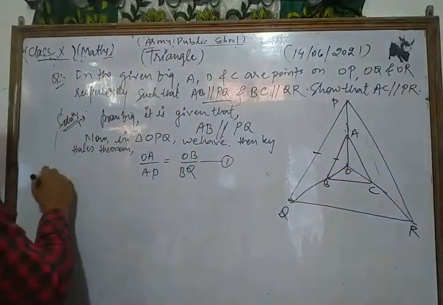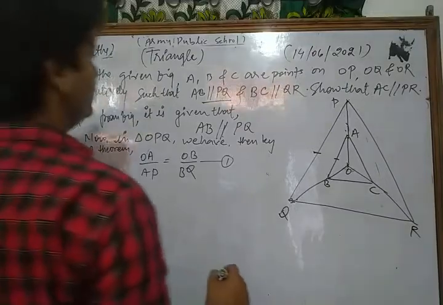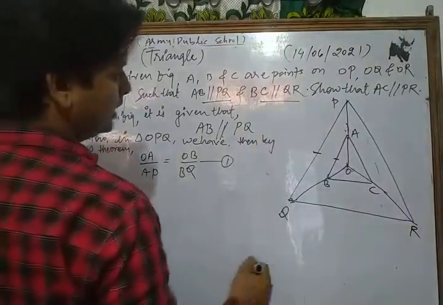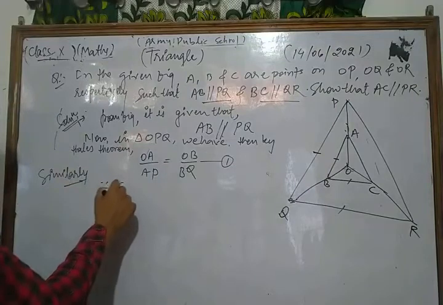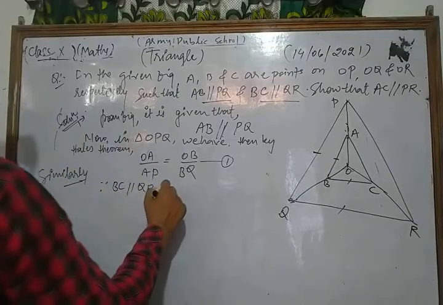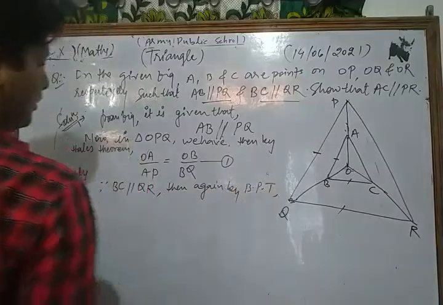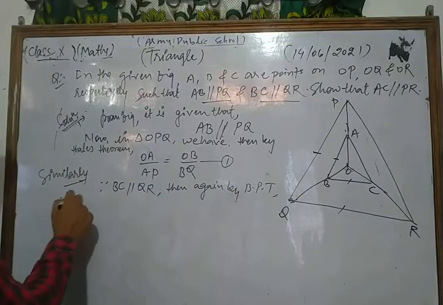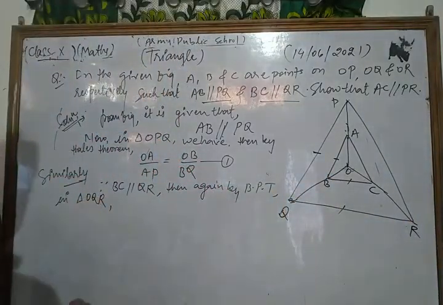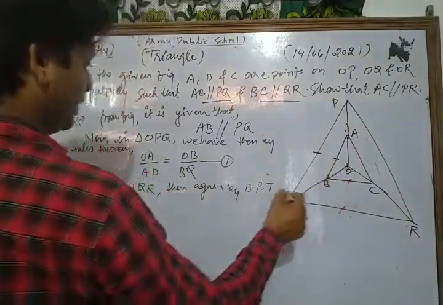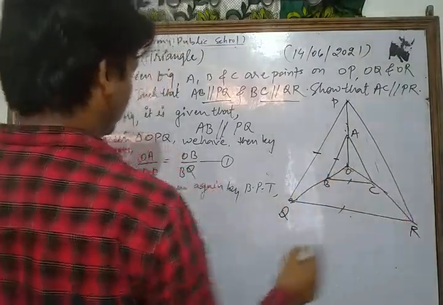Similarly, since BC is parallel to QR, again by the BPT, the basic proportionality theorem, in triangle OQR, we have OB upon BQ is equal to OC upon CR.